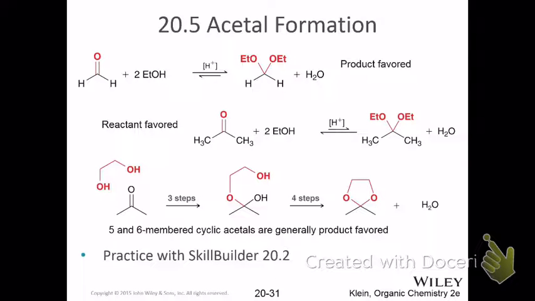So if you have a carbonyl and you don't want to reduce it with sodium borohydride during the course of a reaction, or you don't want it to be reduced, let's say by hydrogenation, any of those things, the standard thing to do is to use a diol and make a cyclic acetal out of it. And that acts as a protecting group. Now, in order to do that, you have to distill the water out and you get your product. To undo it, all you have to do is add water and acid catalyst, and the reaction goes back to the reactant.